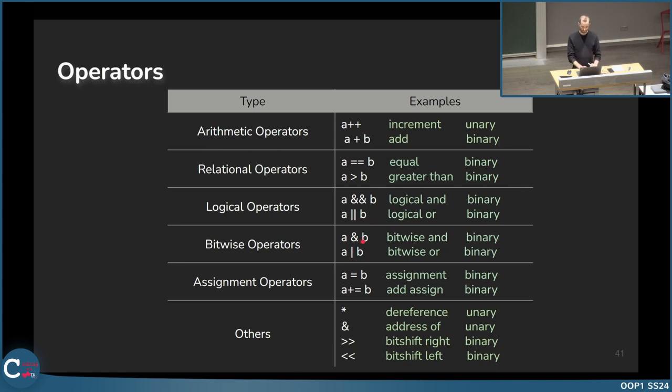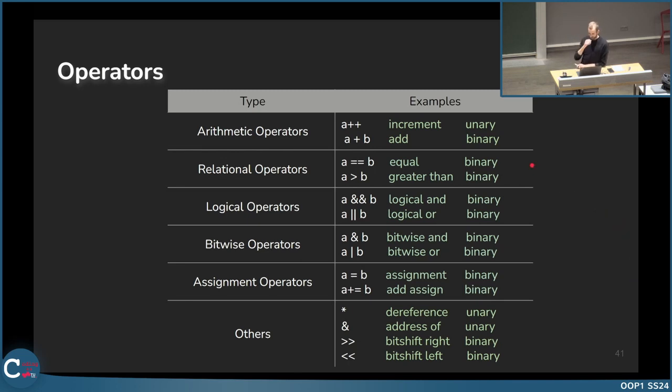Logical operator would also make sense. Bitwise operator does not really make sense. So I haven't had a use case where I override a bitwise operator, and also a dereferencing or address or a bit shift operator. So the use cases are very small in my opinion for that.